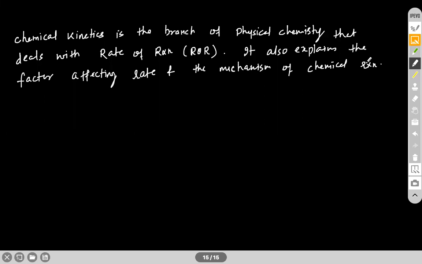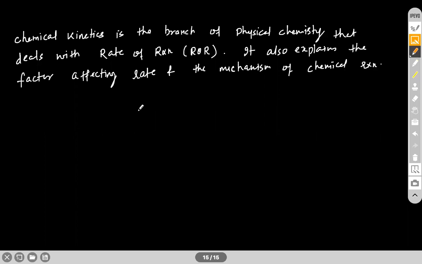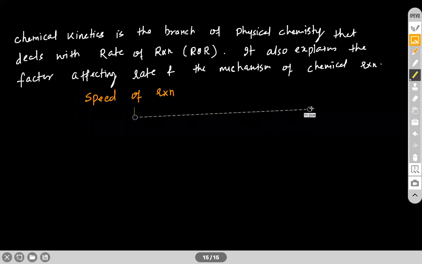Now if you talk about the speed or rate at which the reaction is proceeding, speed of a reaction or rate of a reaction, then the chemical reaction is classified into three categories here.